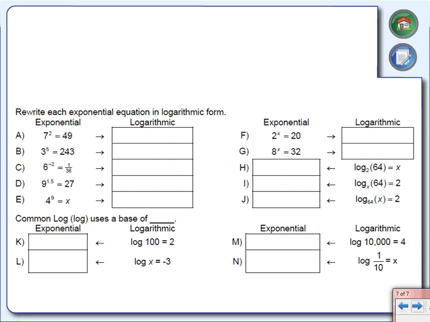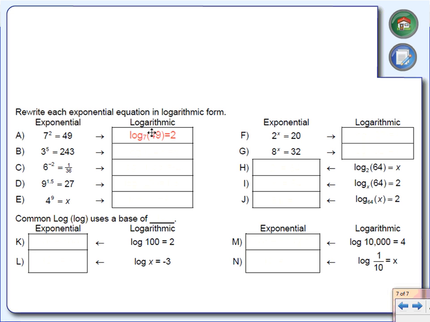Now you need something inside the parentheses. That's going to be our argument. Which one is the argument, the 2 or the 49? The 49. Very good. That's what goes in the parentheses. Equals. It's always going to equal the exponent. What's the exponent in that exponential? 2. Therefore, you end up with something that looks like this right here.